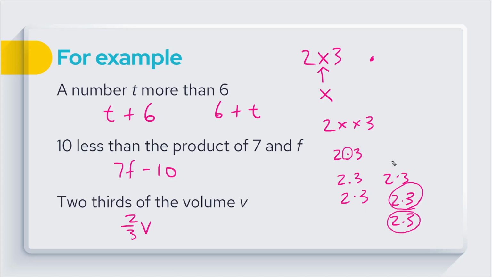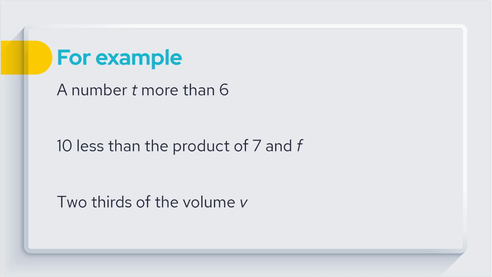So when you're multiplying a number and a variable, you can just put them together like this. But when you're multiplying two numbers, I suggest that you use parentheses. So 6 times 3. This will always mean times.